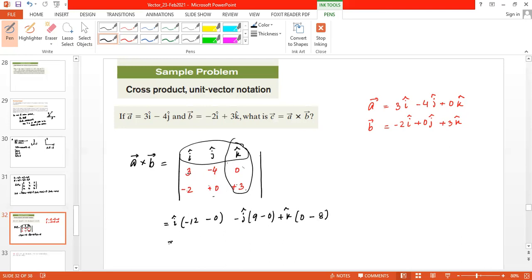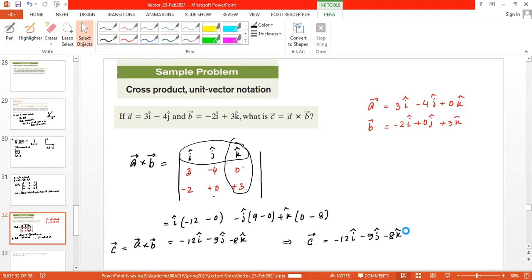Okay, so this is basically equal to a cross b, which is basically c, by the way. c equal to a cross b, which is equal to minus 12 minus 0, is minus 12i, and then minus 9j minus 8k. Okay, so I can say vector c equal to minus 12i minus 9j minus 8k. This is how we can find the cross product of two vectors.